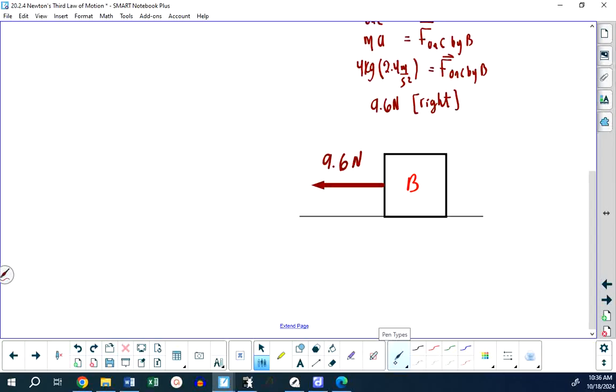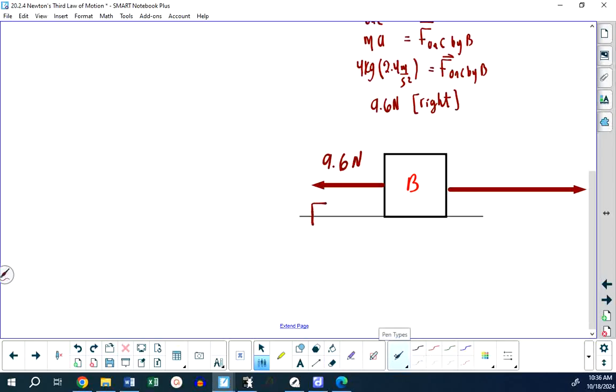But we know that the person is pushing all three boxes, so they all move to the right with an acceleration, right? 2.4 meters per second squared. How is it that B is being pushed backwards and yet accelerating forward? Well, the answer is that there must be a forward force greater than the opposing force.